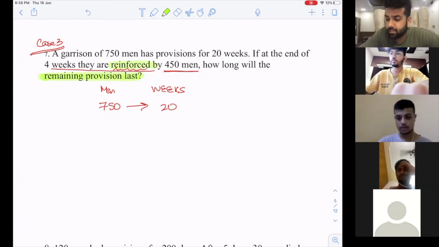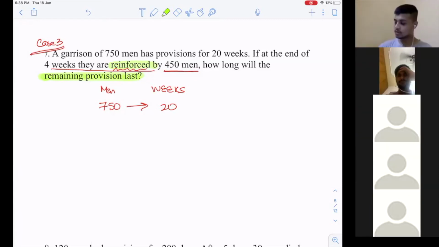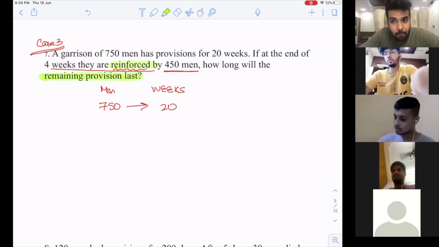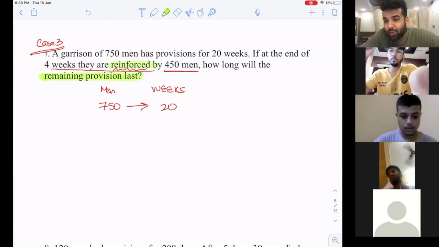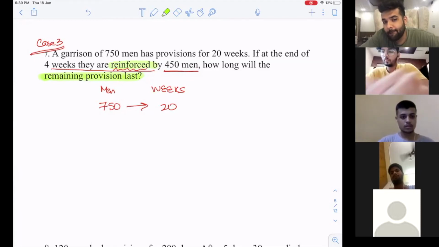Answer anyone? Anyone having an answer? What's the answer? Anyone? Sir, X equal to 20 into... I'm just saying. What's your answer? Answer is 10 weeks or not? 7 weeks, 4 days.